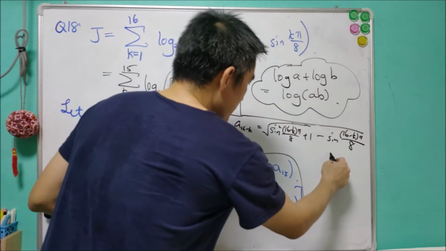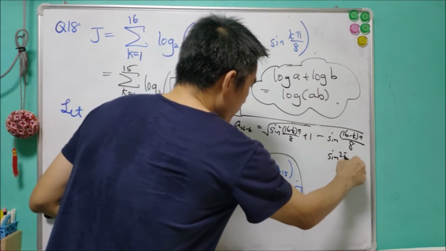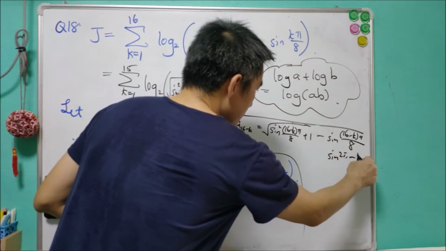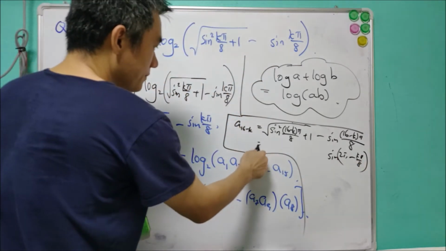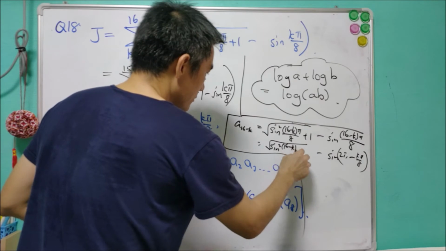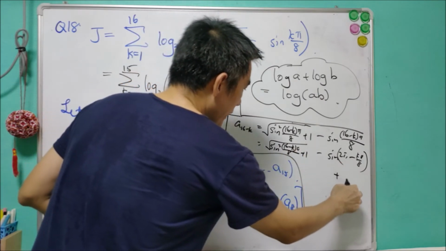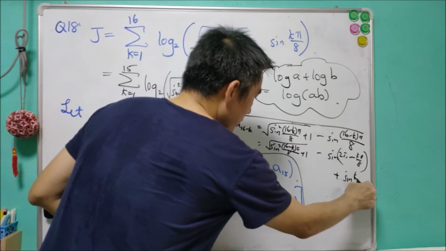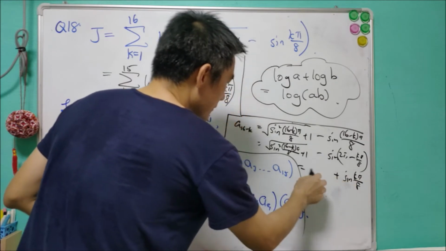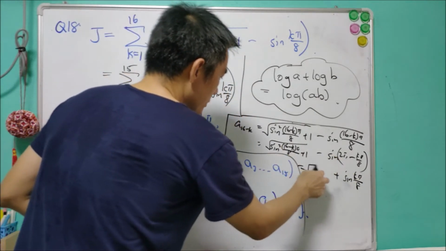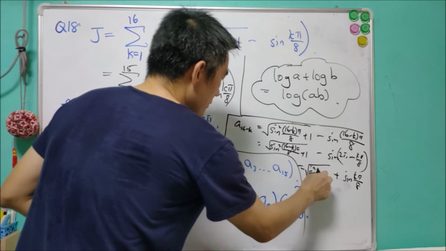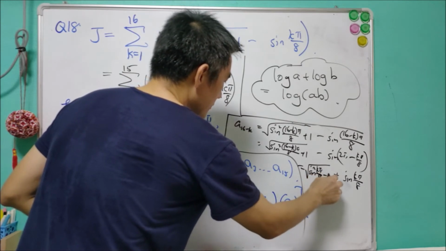Now, this is actually equal to sine of (2 pi minus k pi) over 8. So simplify from here. But this is actually equal to plus sine of k pi over 8. So this is negative, but after you square it, it is actually the same. So it is sine square k pi over 8 plus 1.